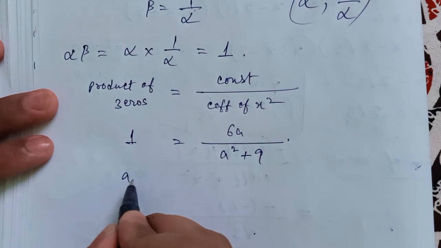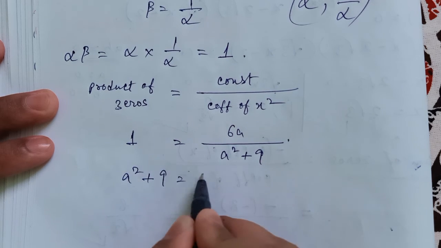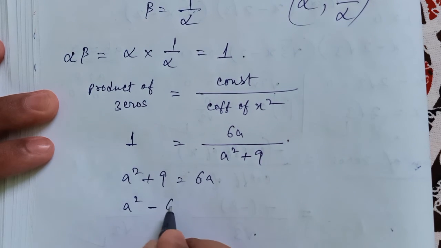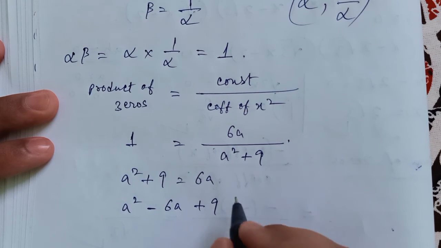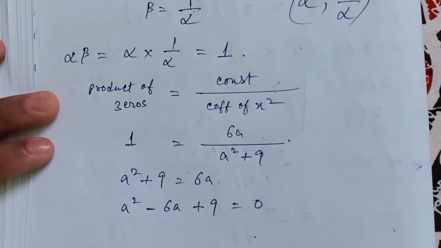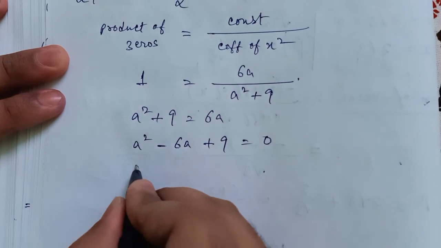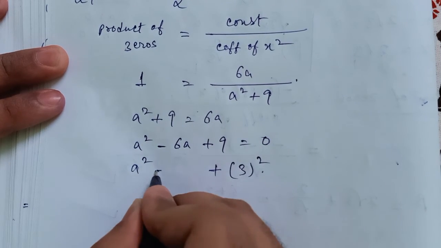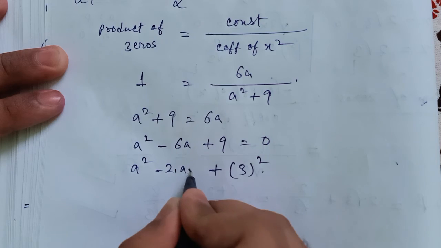So a square plus 9 equals 6a, that is a square minus 6a plus 9 equals 0. Now this is a square and you can write this as 3 square, and the middle term is 2ab.